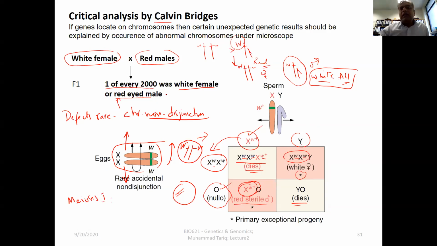In modern day, we have learned that due to chromosomal non-disjunction, Down syndrome is chromosome 21 trisomy. So non-disjunction happens at chromosome 21, and we get Down syndrome in humans.